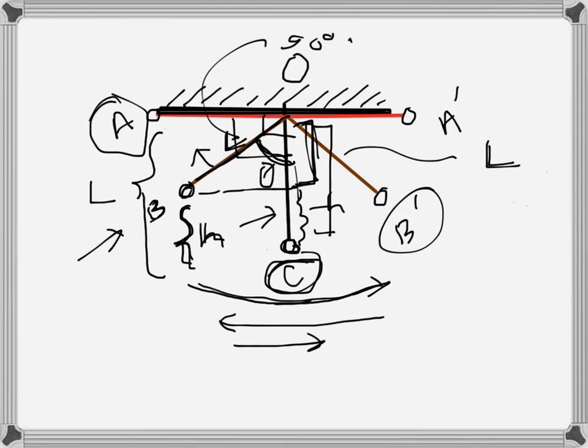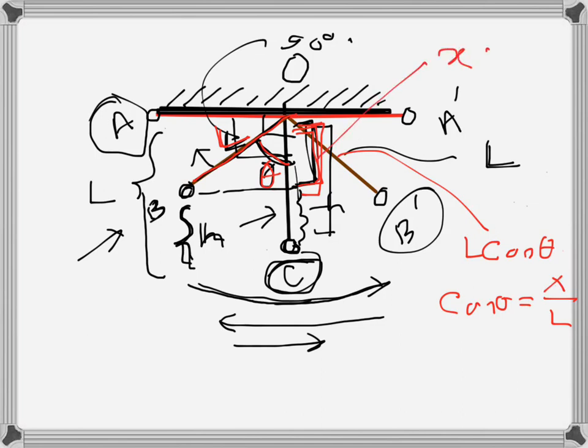Let me use another color. So this is L here, and this angle is theta. So this length is L cos theta, because cos theta is equal to this one over L. Let's call this x, so x is L cos theta.